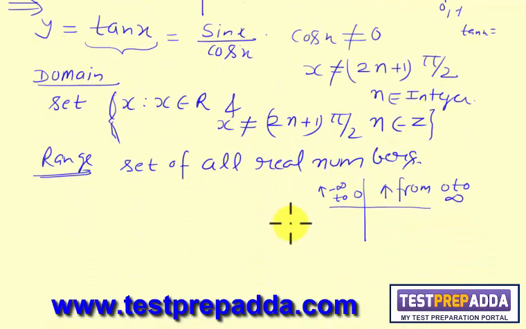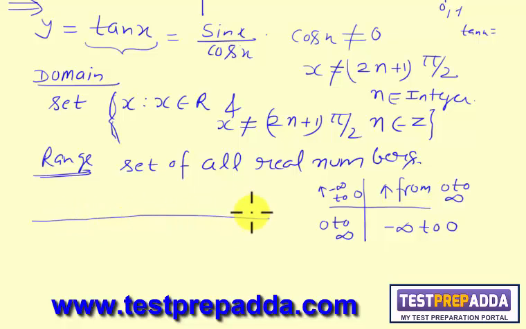In the third quadrant it will be 0 to infinity. In the fourth quadrant it will be minus infinity to 0. Now if I draw this as the graph, this has x-axis, x minus x, and y-axis, y minus y.